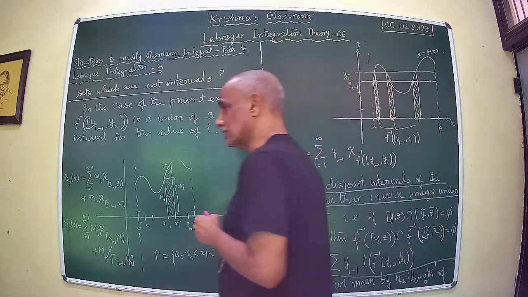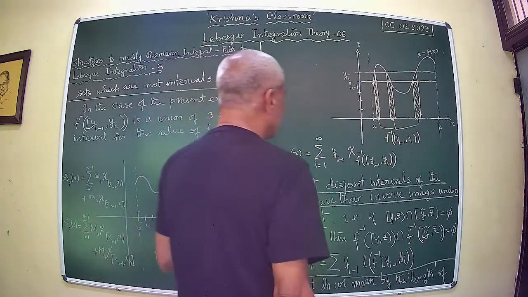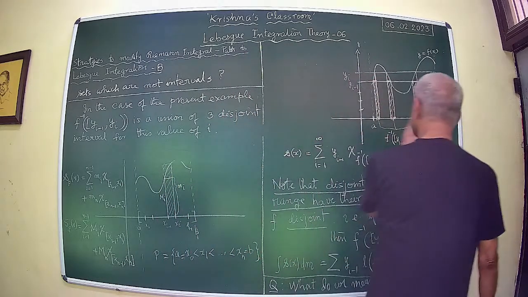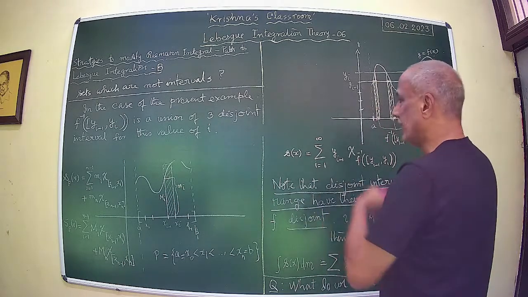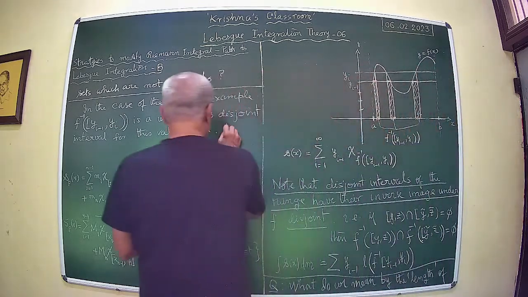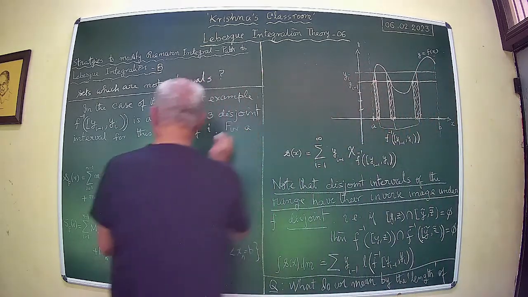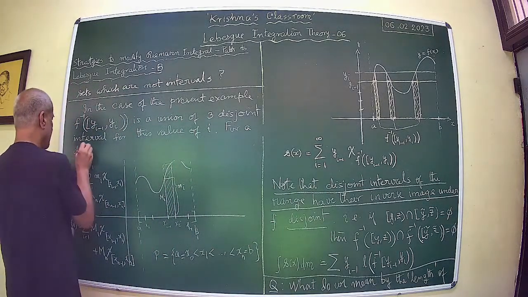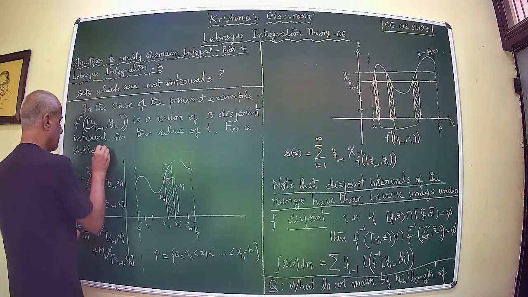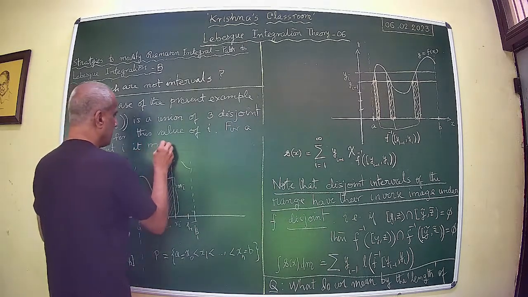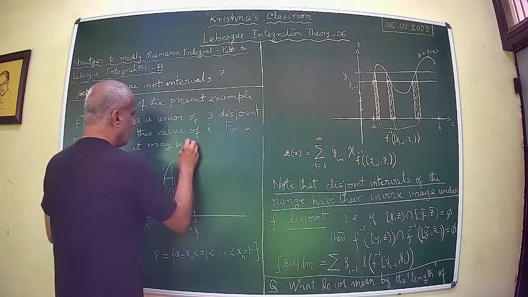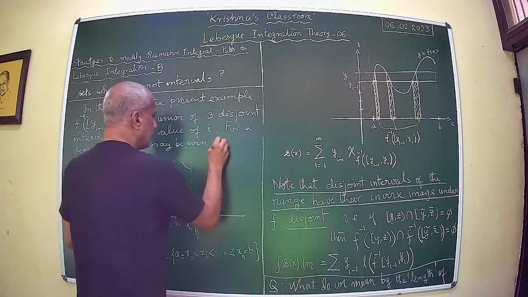For some value of I, it may be what I have marked. It is clearly this, but for a different I, it may be even an empty set.